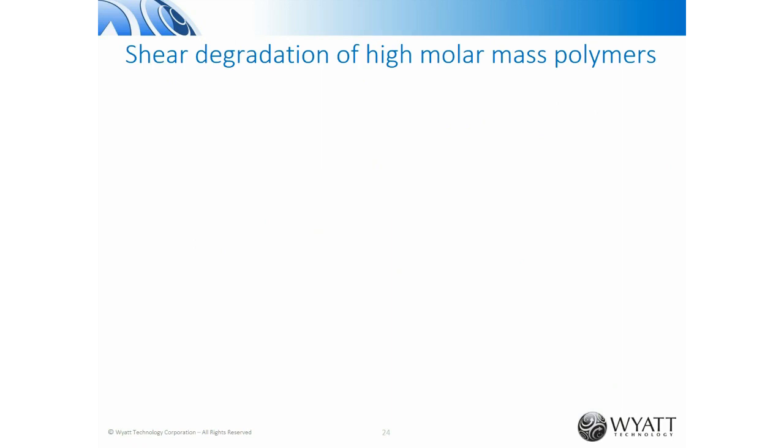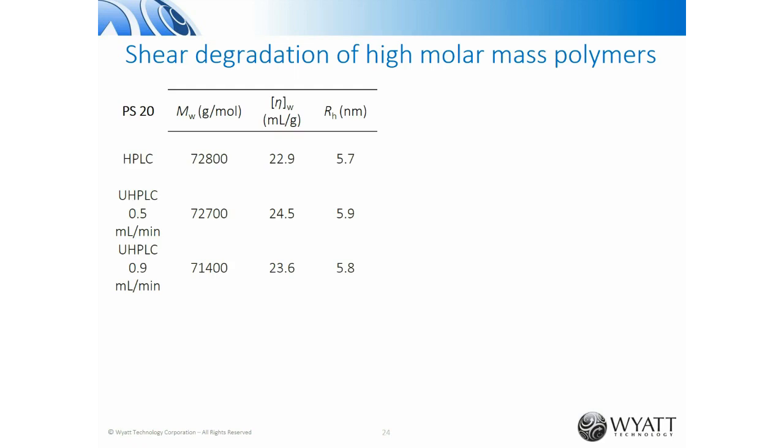We've seen that we can derive a number of useful parameters from the Micro-Viscometer and MALS, but what are the downsides? With UHPLC, since it has a higher shear, you could see degradation of high molar mass polymers. To investigate this, we looked at a branched polystyrene of around 72,000 grams per mole.